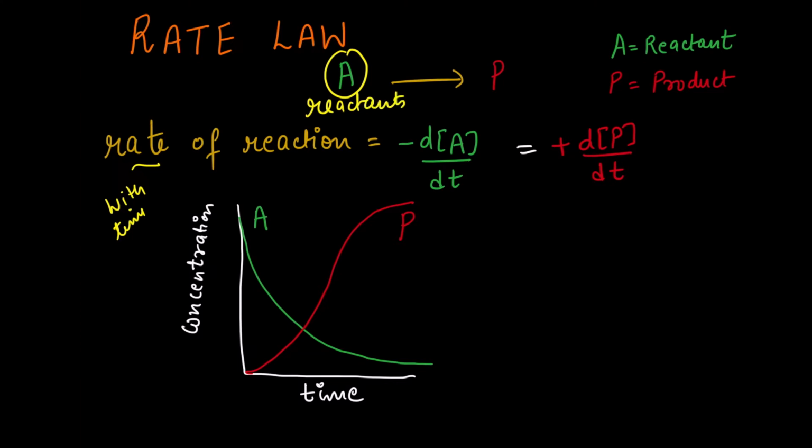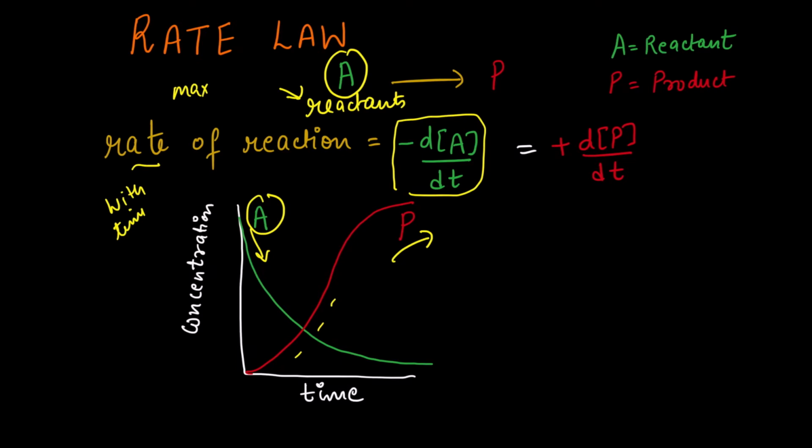And as you know, in the beginning, the reaction has just begun, which means that the concentration of reactants are maximum. So with time, what is happening is the concentration of reactant is decreasing. However, the concentration of product is increasing with time. So the rate of reaction therefore is the decrease in concentration of A with time, because as the reaction proceeds, product is formed and more reactants are consumed.